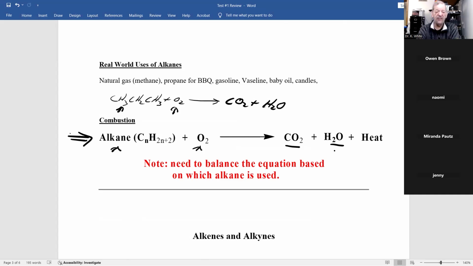Now, in this class, you never, ever have to balance an equation. All I'm interested in, that's mainly in organic, are the products, what you make. Sometimes I'll ask you at the base of the arrow, what would be the starting materials or reactants?